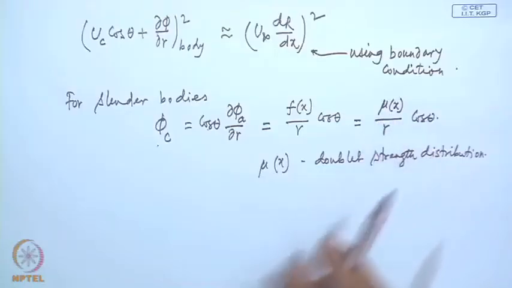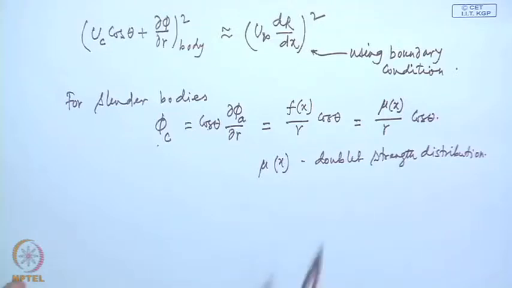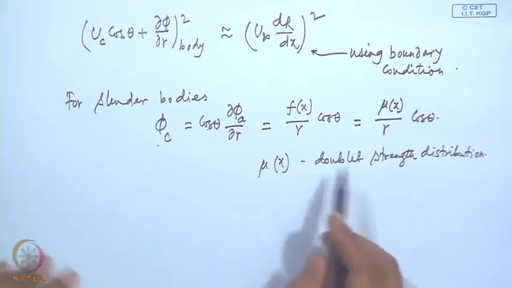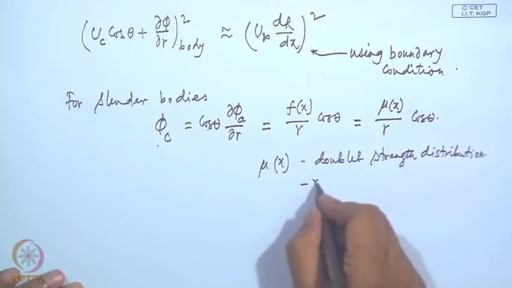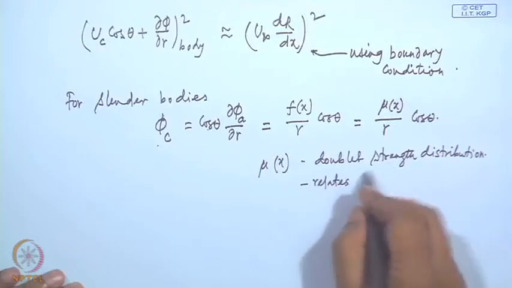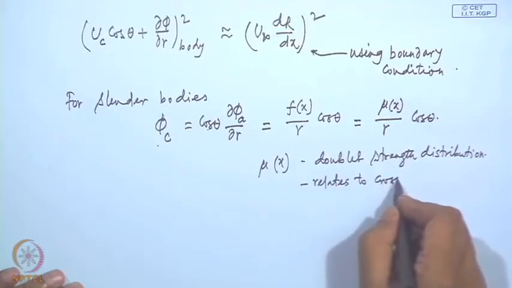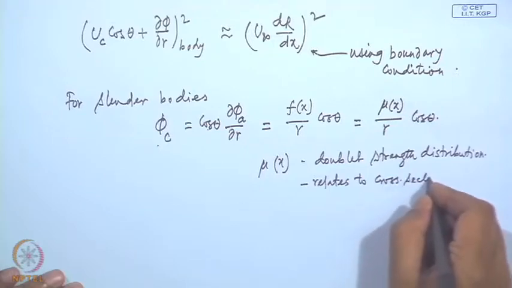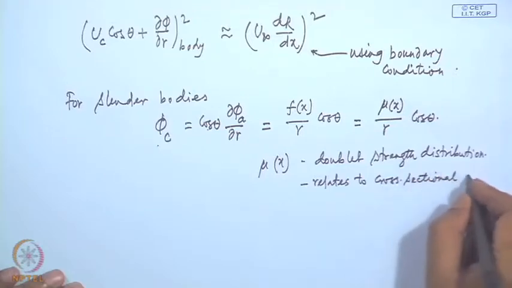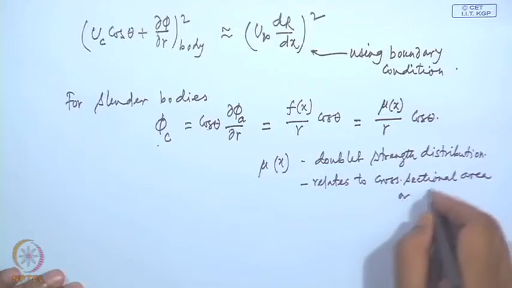Similarly, this doublet strength will also depend on the boundary condition, or can be evaluated from application of the boundary condition, and it must also relate to the cross sectional area or radius.